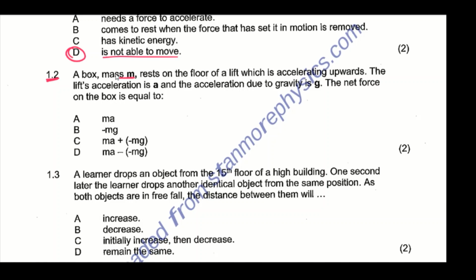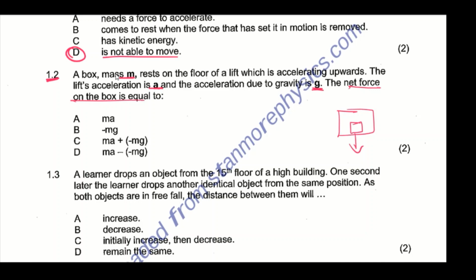The lift acceleration is a, and the acceleration due to gravity is g, right? The net force on the box is equal to what? So we have a lift and a box like this, right?